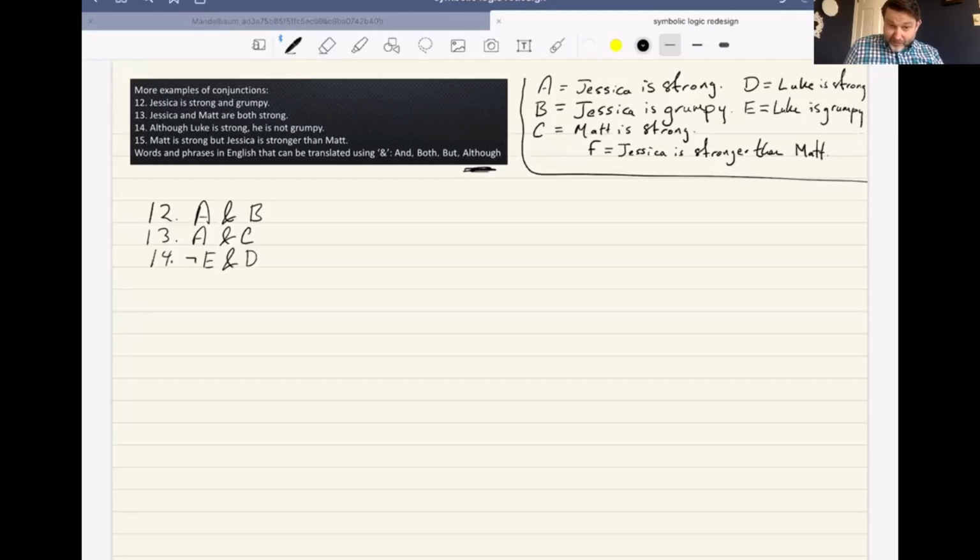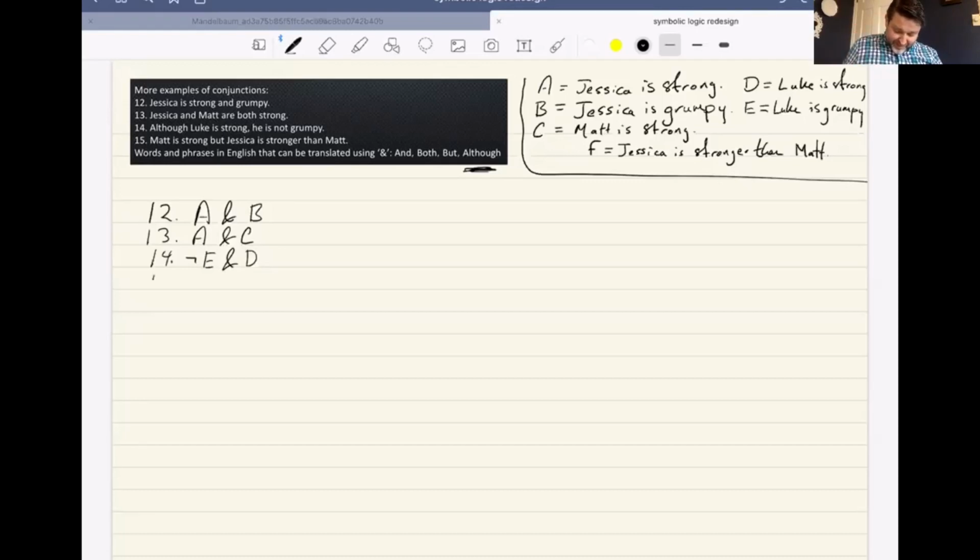Later on, we'll learn about parentheses, and this would mean something very different. This would mean it is not the case that Luke is both strong and grumpy. But that's not what we're dealing with here. This just says it's not the case that Luke is grumpy and Luke is strong.